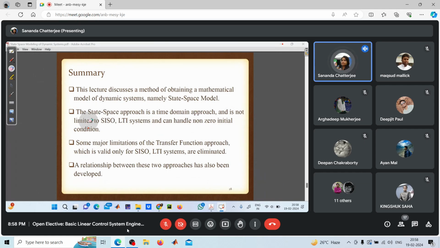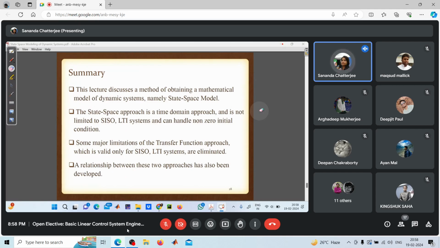Okay, so in today's class what we have discussed is, we have discussed the preliminaries of the state space model. We have taken some examples to explain the state space model, and then we have seen that the state space model is capable of eliminating the limitations that are found in the transfer function approach.